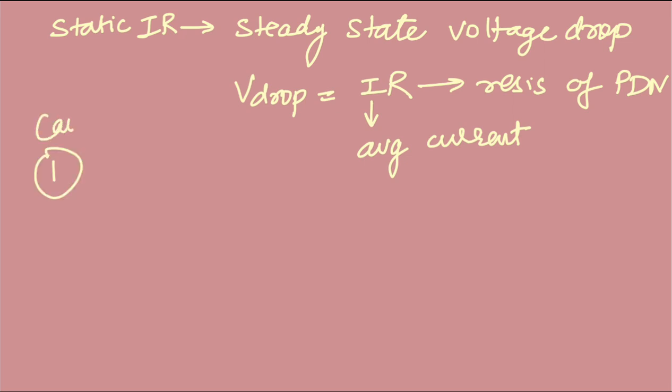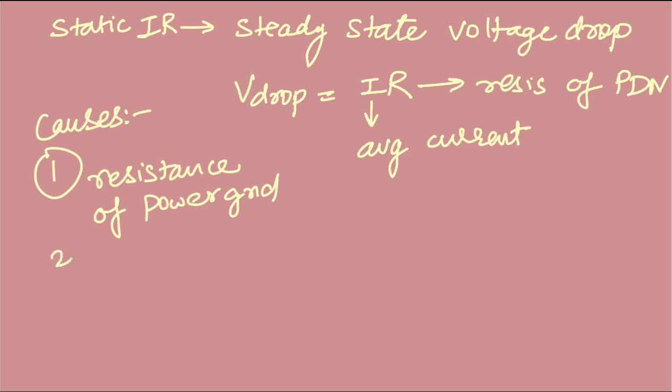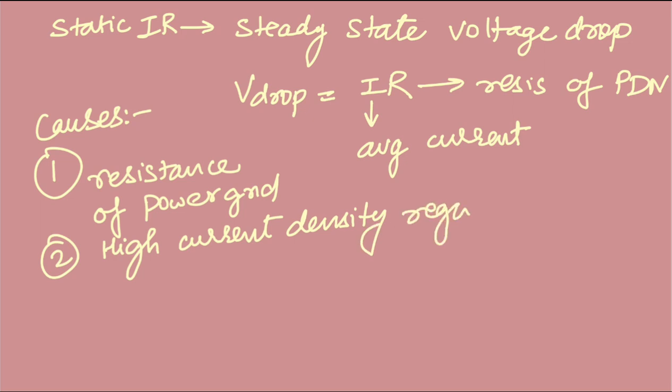So what are the causes of static IR? The first primary cause is resistance in the power grid. That is where the problem comes from. The second most common issue is high current density regions in your design.